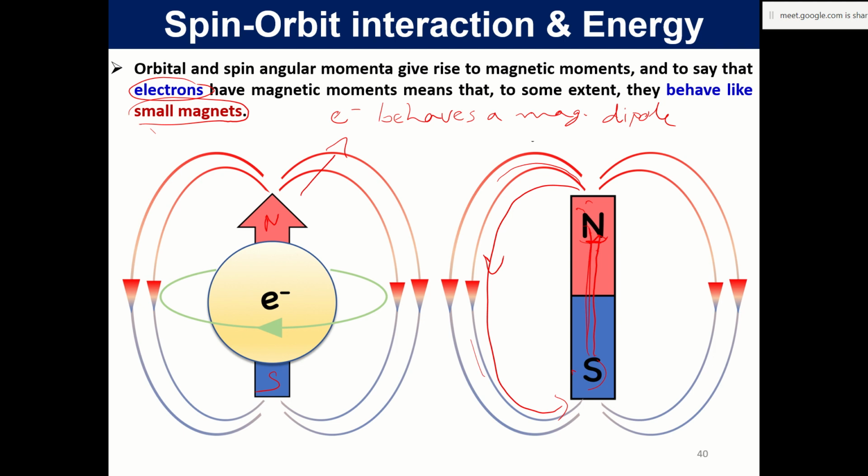Outside the magnet, the lines curve from north to south. Whenever you draw magnetic lines of force, it is always like a snake biting its own tail. Remember, this is how you draw them for any magnet, even for an electron.